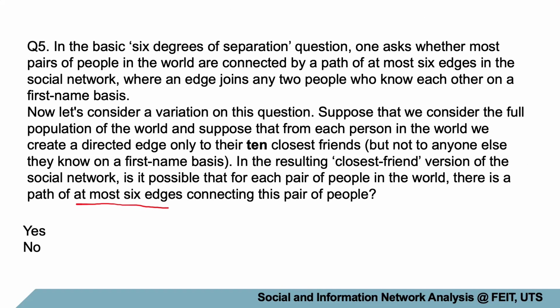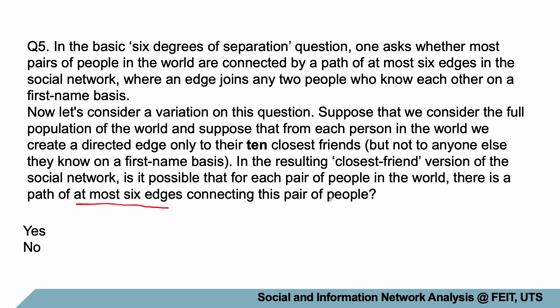For this question, it said we create a directed edge only to their 10 close friends, but not to anyone else they know on a first name basis. So can I understand this situation as having a high clustering coefficient, which means we have a low average shortest path? It's not like this reason.